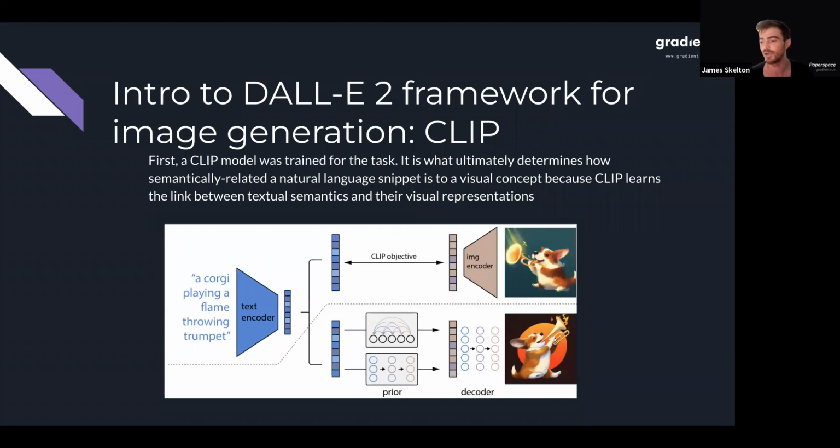The training objective is to simultaneously maximize the cosine similarity between correctly encoded image-caption pairs and minimize the cosine similarity between incorrectly encoded pairs. So basically the encodings will match up or they won't, and it essentially ranks the more correct ones and then uses that to get its final output encodings.